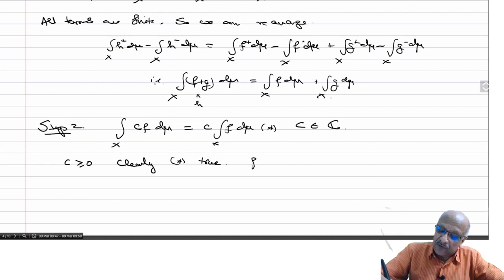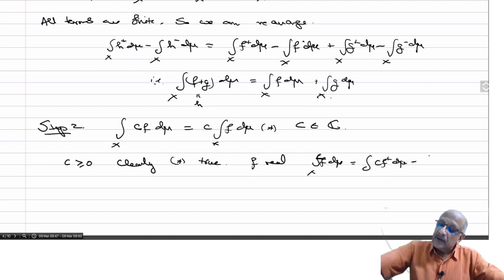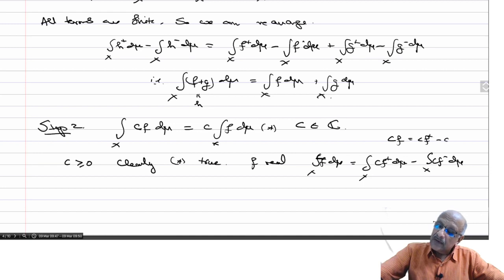So for instance, if f is real, then you have integral of cf d mu equals integral of cf plus d mu minus integral of cf minus d mu, because cf equals cf plus minus cf minus, and these are the positive and negative parts of this function cf.